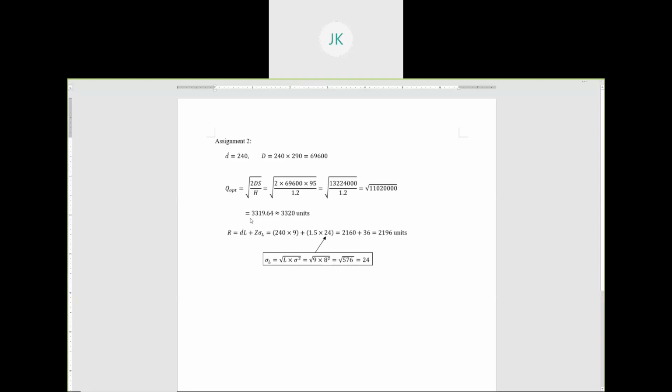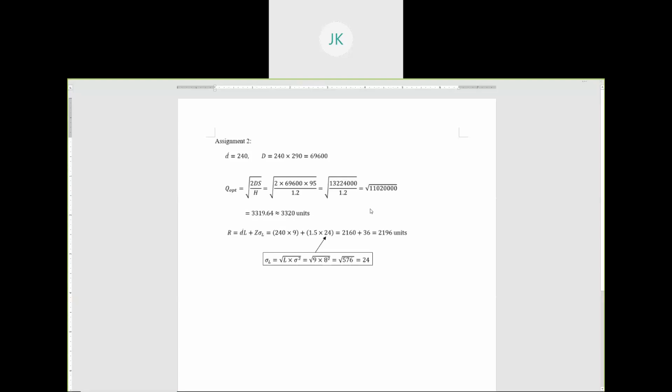By calculation, 3,319.64. Even though this is lower than 0.5 decimal point, anyway, always round up, so approximately 3,320 units.